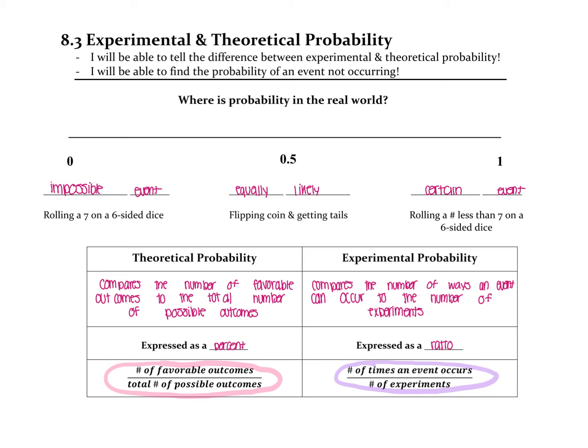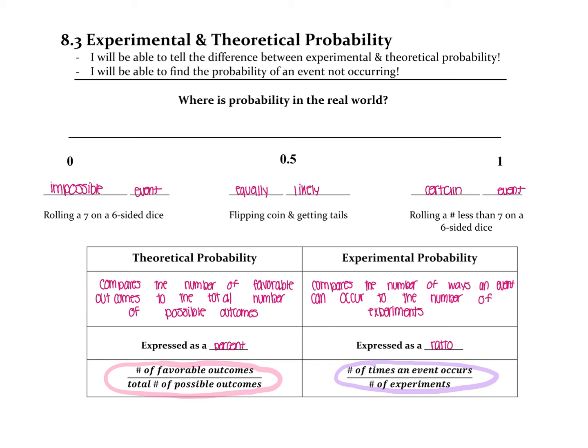When we talk about the difference between theoretical and experimental probability, theoretical probability is based on what could happen if you were to perform the experiment. You're saying, I'm going to flip a coin or roll a die, and what's the probability of rolling a 6 or a 2 or an even number?